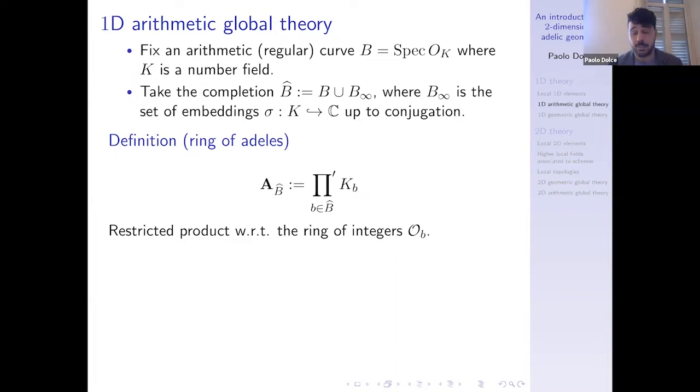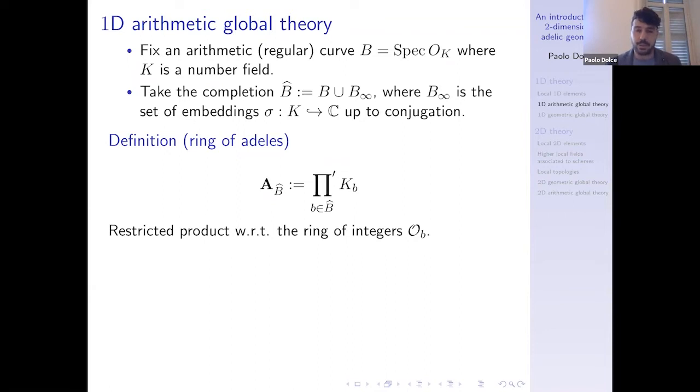So at each point, you have the local ring, you take the completion of the local ring, which is O_B with a curly O, and then you take the fraction field. This is, of course, at finite places. At infinite points, you have the Archimedean local fields.